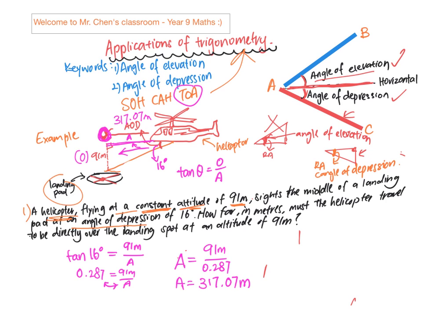I have mentioned the angle of elevation and depression before, but this is the first time I've properly introduced it. So good work for listening, and we will do another video about angle of elevation with a real life example, because this video is a bit longer than I expected. So see you in the next videos.